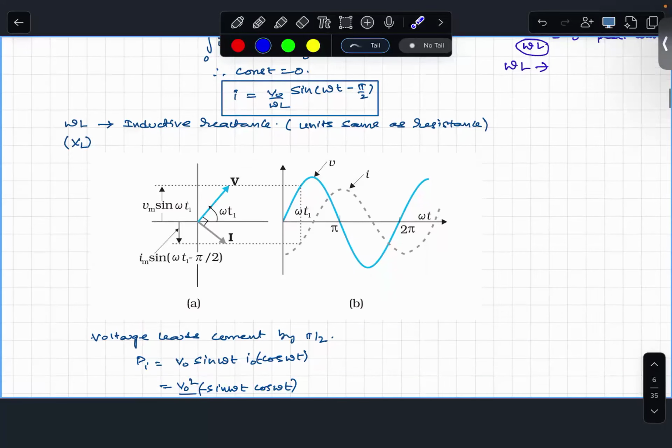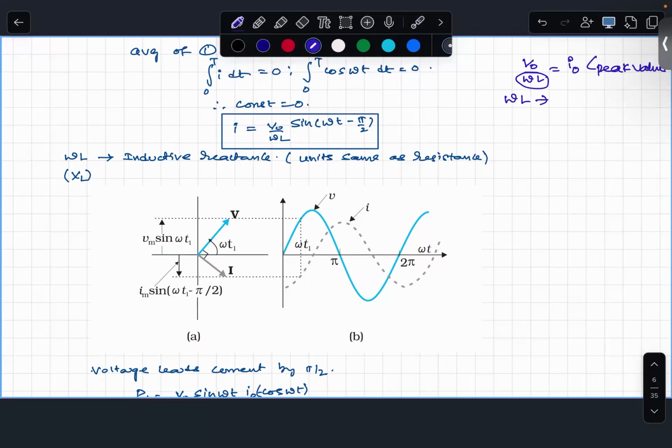Now, if you observe the graph, I can confidently say that at any instant, if you are representing the voltage phasor like this, the current phasor is leading or lagging.